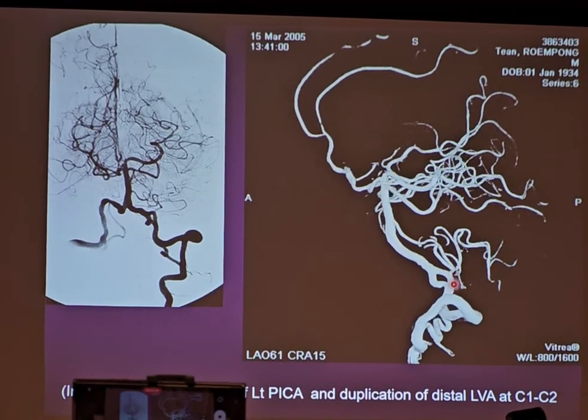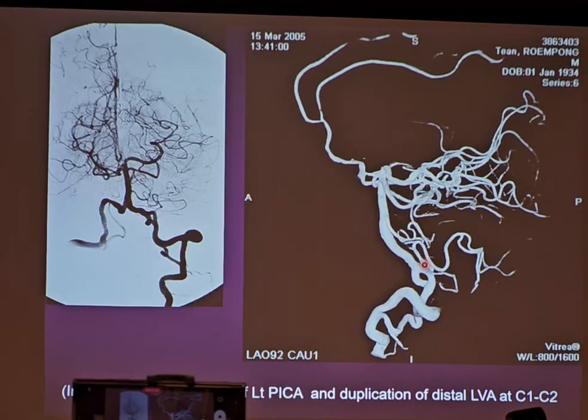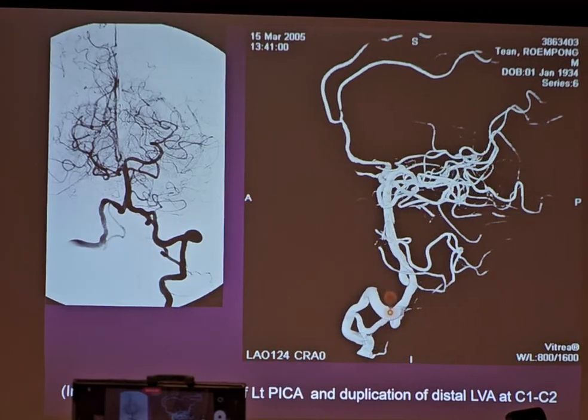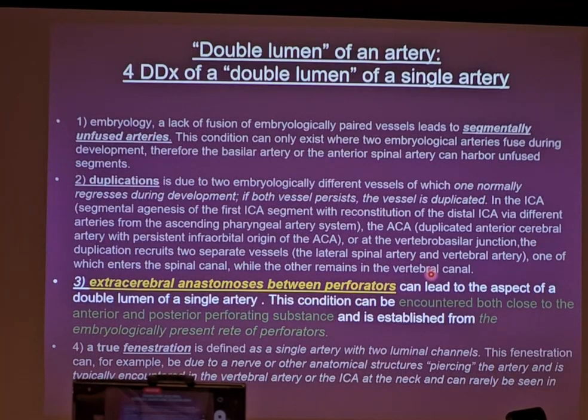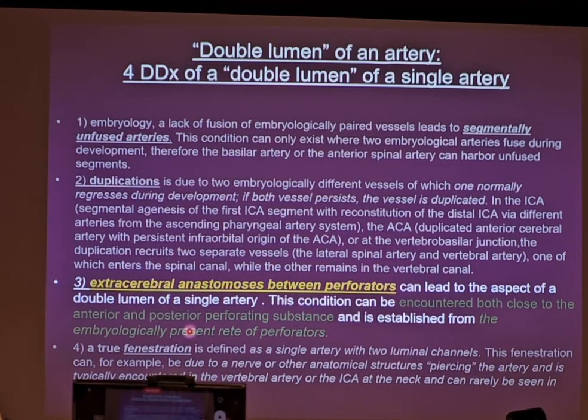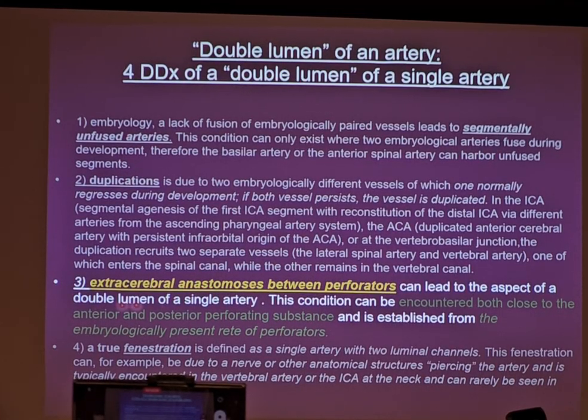Again, you can call it double origin, but actually it's a kind of duplication of the artery, which persists the channel. Okay, number three, we proved that there are some special locations where the two holes are from extracerebral anastomosis between perforators, which can lead to the appearance of a double lumen in a single artery.